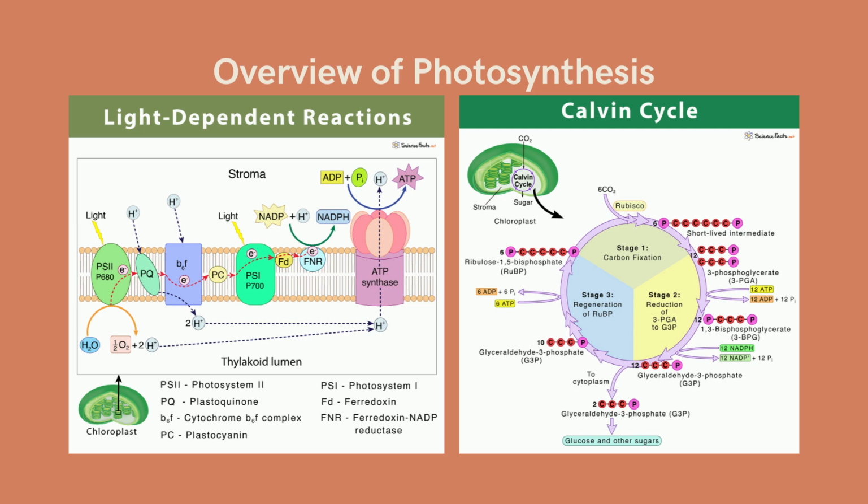This 3-PGA will then be converted into GA3P through the use of the energy from ATP produced in light-dependent reaction and the high energy electrons from NADPH.